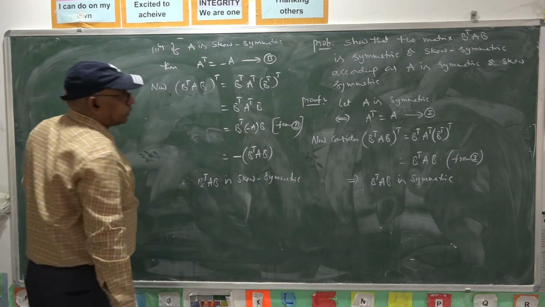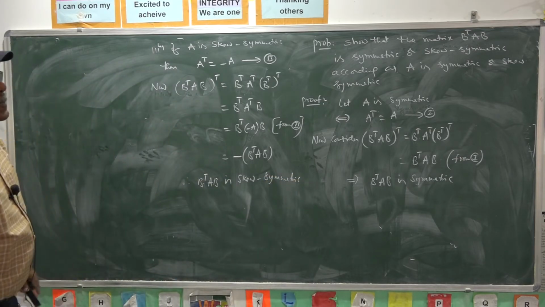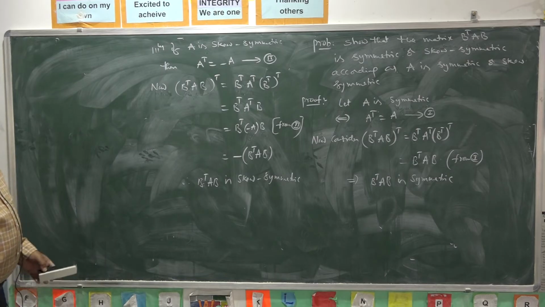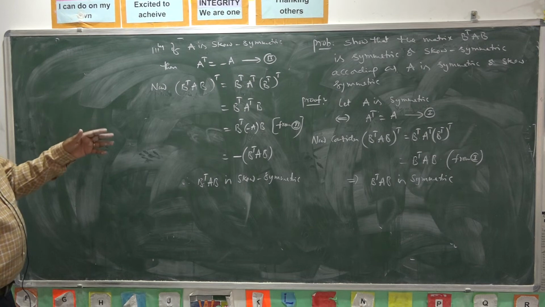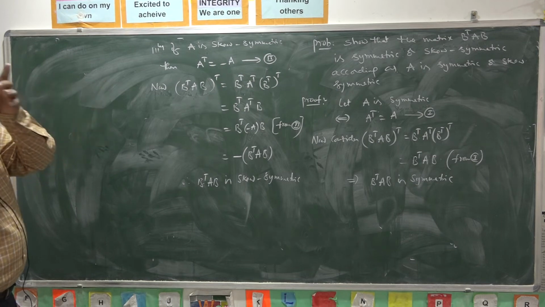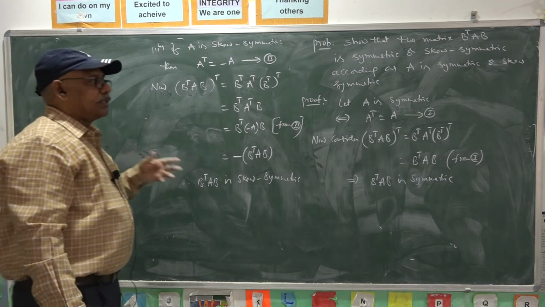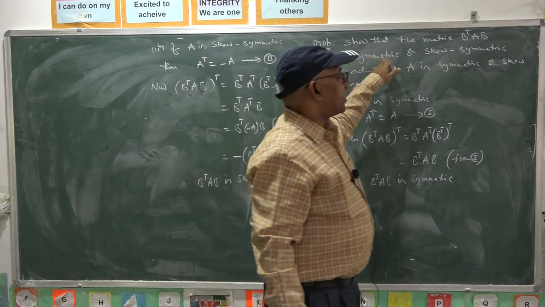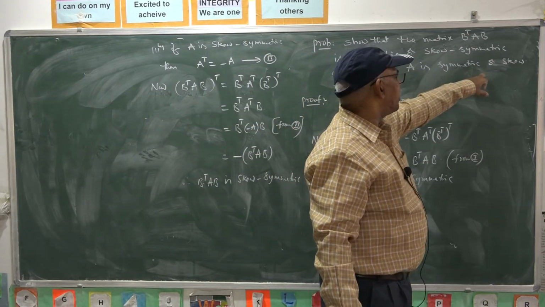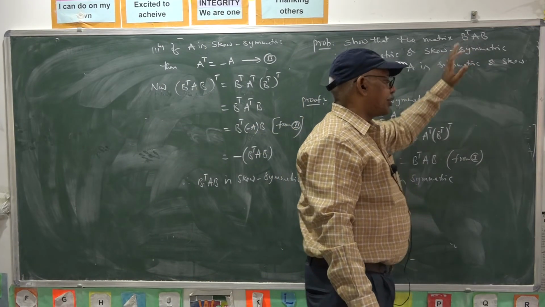This is also an important problem related to the objective also. So once A is symmetric, B transpose AB, the product exists, then it is symmetric. Once A is skew symmetric, B transpose AB is skew symmetric.